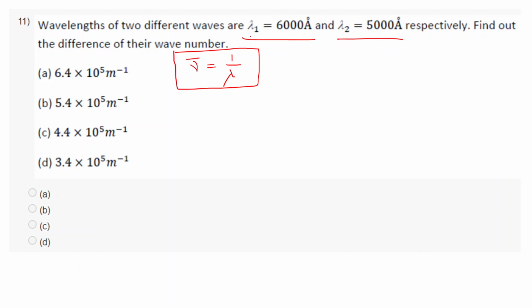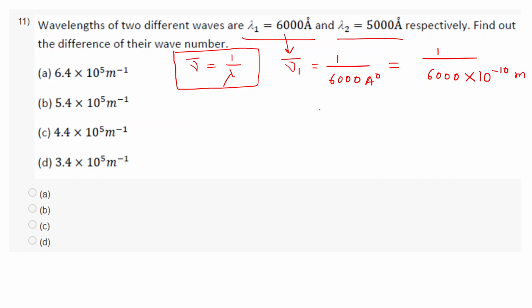For this lambda 1 wave, let's denote the wave number with subscript 1. Corresponding to lambda 1, the wave number will be 1 over 6000 angstrom. Since answers are in meters, we'll change it into meters. 1 angstrom is 10 to the power minus 10 meters.